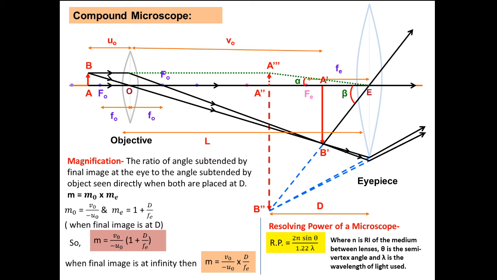And the resolving power of a microscope is 2n sine theta by 1.22 lambda. N is the refractive index of the medium between the object and the objective, sine theta is the semi-vertex angle of the objective, and lambda is the wavelength of the light coming from the object. It is the resolving power.